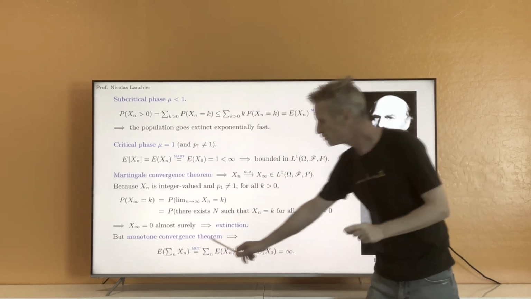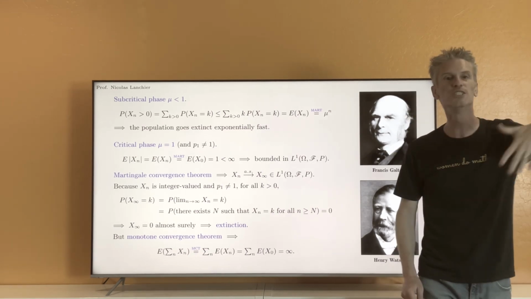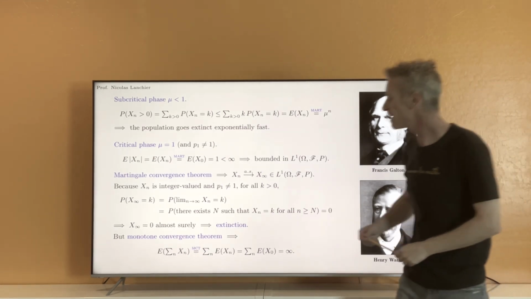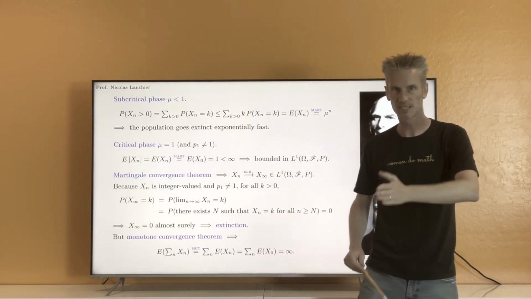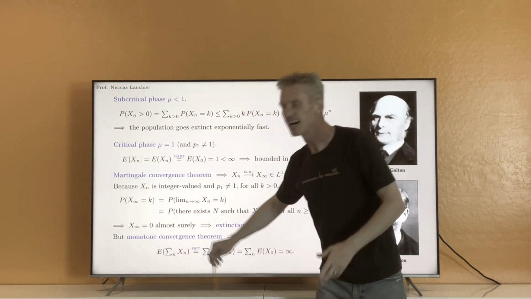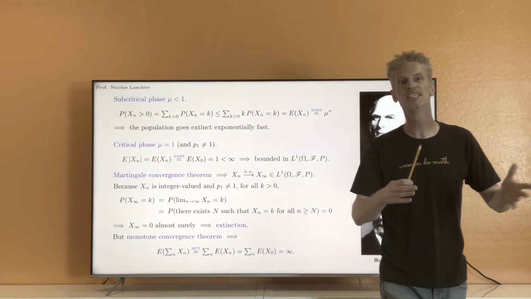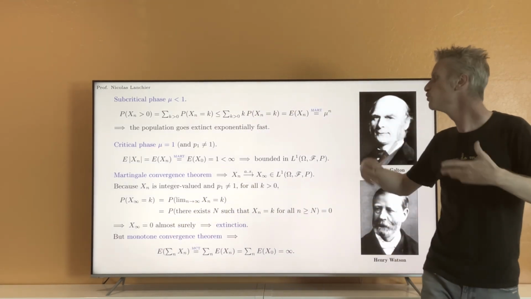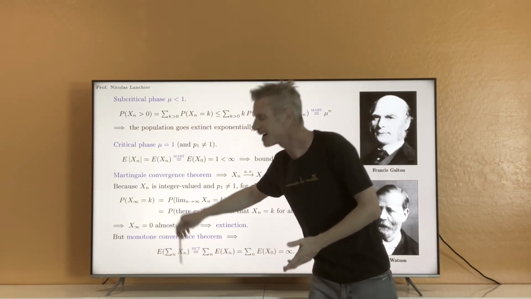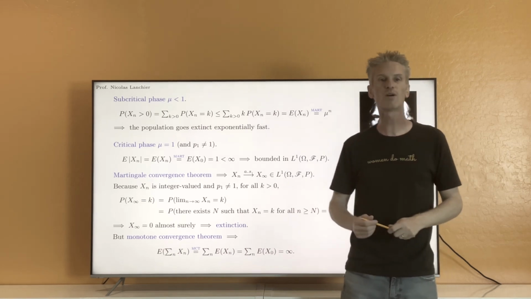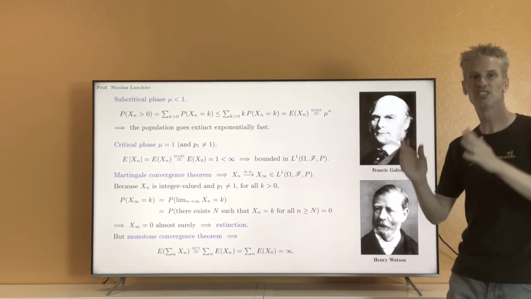But if you look at the expected value of this, same story as what we used many times. You can say that this infinite sum is the limit of the partial sums, but those Xn are non-negative, so the sequence of the partial sums is monotone, non-decreasing.